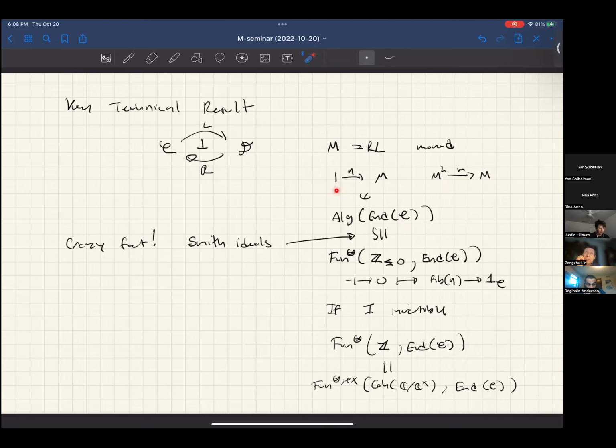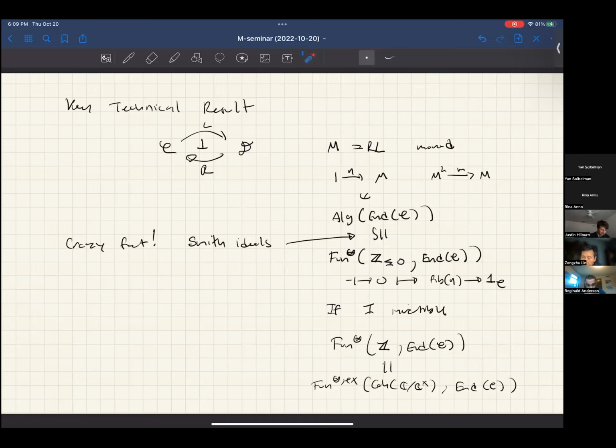You can take the kernel of this map from 1 to M. And you can ask, is there some structure on this kernel that actually completely knows the multiplication on M? And the wild thing is that there is.